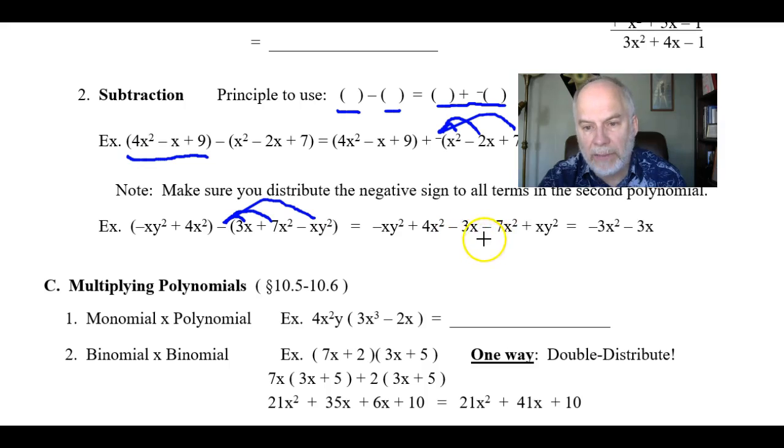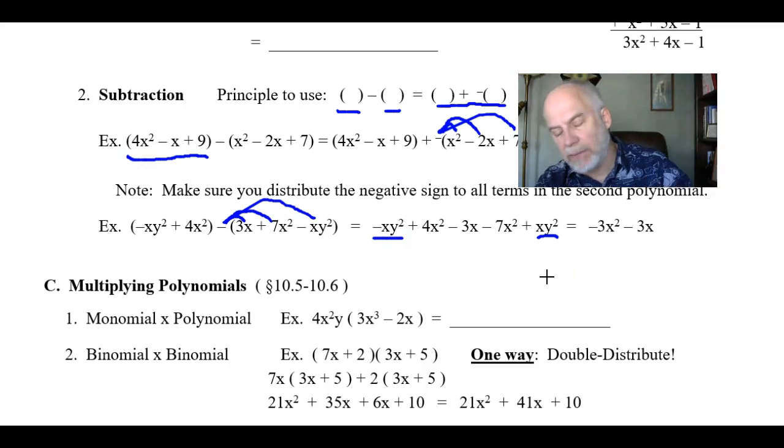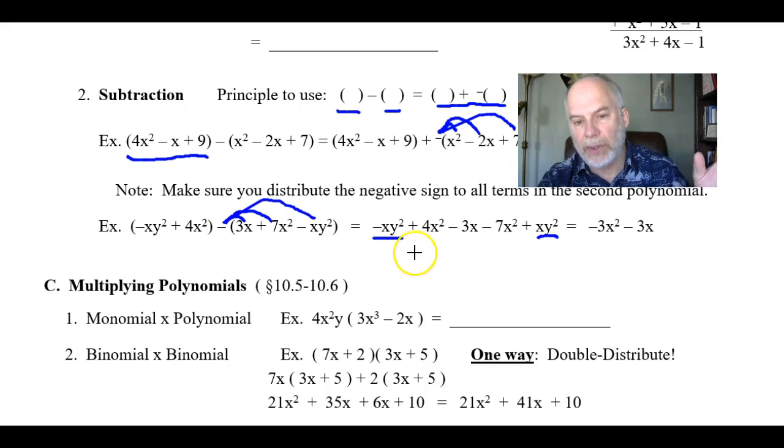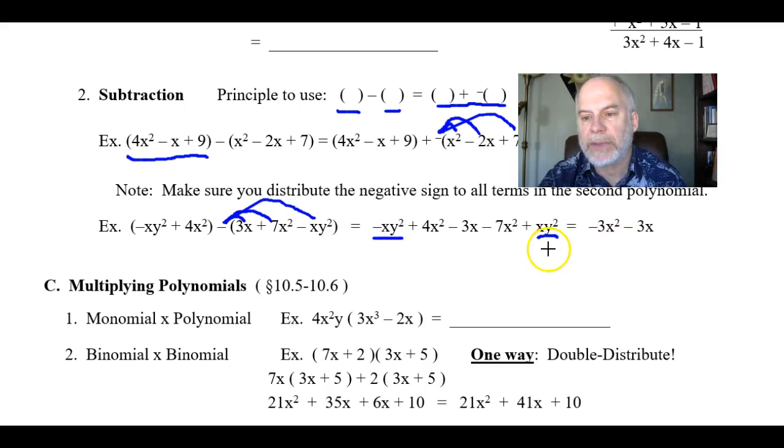You have a negative 3x and a minus 7x squared and a positive xy squared. Okay, now the negative xy squared and the positive xy squared, they're going to add up to 0, of course. Negative 1 and a positive 1 add up to 0. So they'll basically disappear.